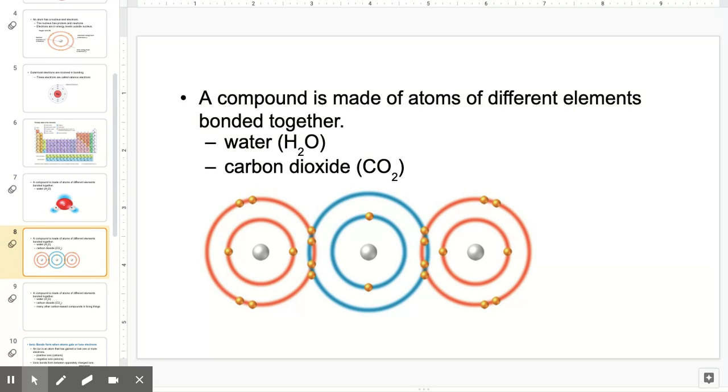Another example is carbon dioxide. Here we have carbon in the middle and two oxygens bound to that carbon. So there is one carbon atom and two oxygen atoms in the compound carbon dioxide.